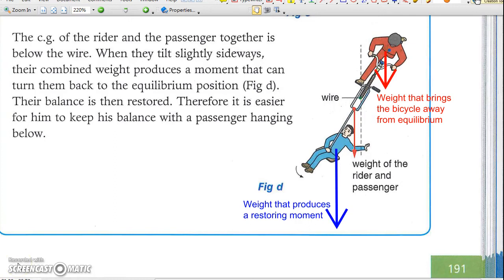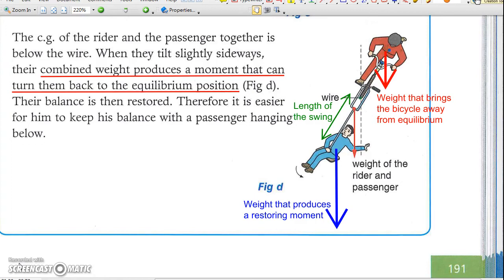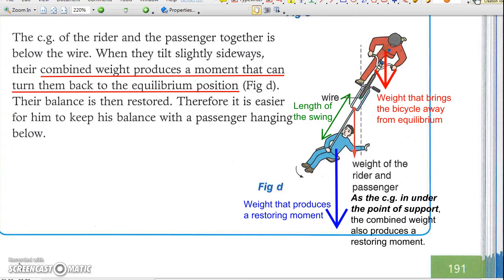The restoring moment is made larger by a heavier stunt man at the bottom and the length of the hanging swing. On the other hand, we may also look at the combined weight, which produces a restoring moment for the whole object to bring it back to the equilibrium position, as the center of gravity is under the point of support.